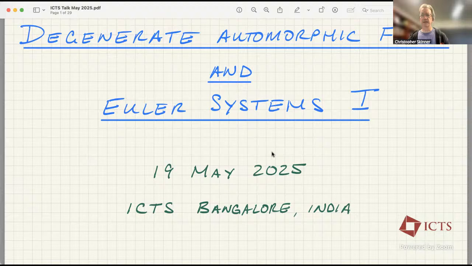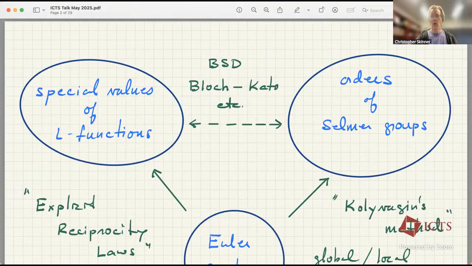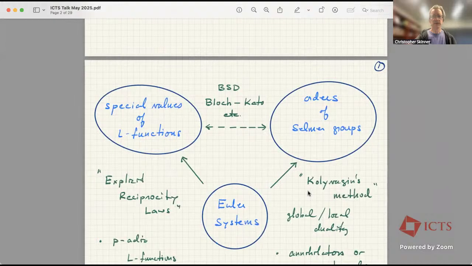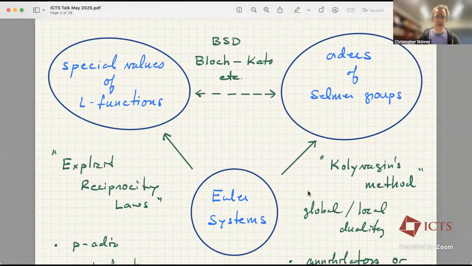But before I get into the actual construction, I'd like to review a little bit about Euler systems themselves. One of the fundamental problems in algebraic number theory is the relation between special values of L functions, like Dirichlet L functions or L functions of elliptic curves, and the orders of things like class groups or Tate-Shafarevich groups, or more generally Selmer groups.